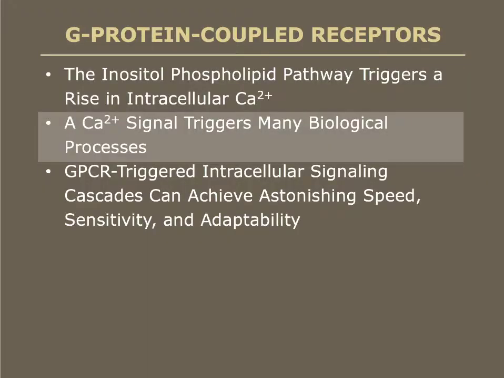The release of calcium has profound implications for cells. So this difference in calcium between the endoplasmic reticulum and the cytosol, and how that calcium is released, has been utilized in many different ways by biological organisms.